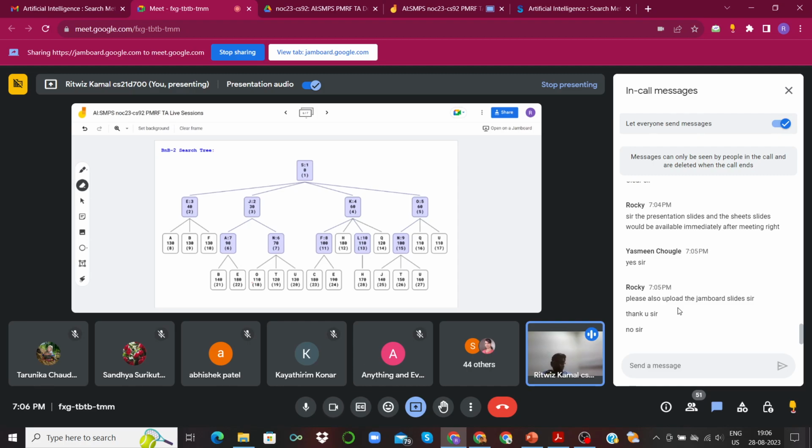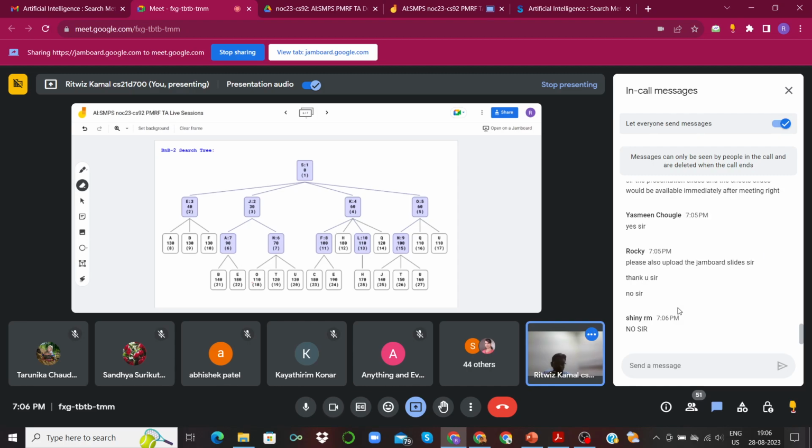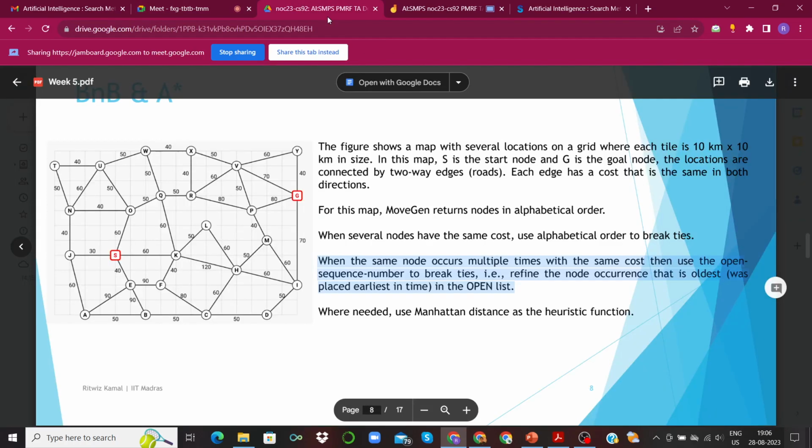Also, I hope that by this point we have addressed one of the queries that was raised towards the starting of the session on how we can build search trees from big graphs. So I hope that is addressed. Okay, that's great. So now let's move on to the next question.